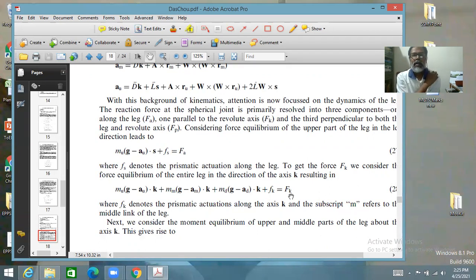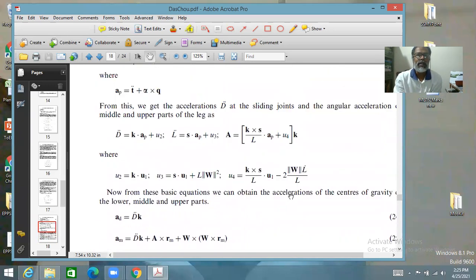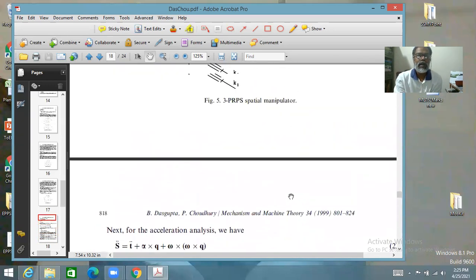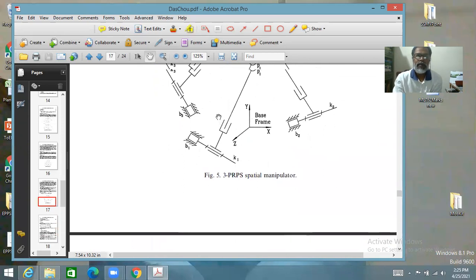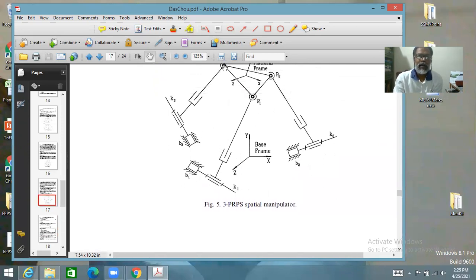In between, the joint is revolute. So from here the two links are included. Consider the upper and middle part together, and since this joint is revolute, don't take its force equation, take its moment equation, and the component of the moment equation about the axis k.